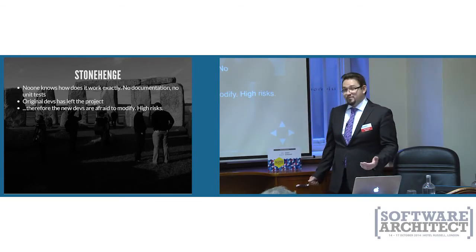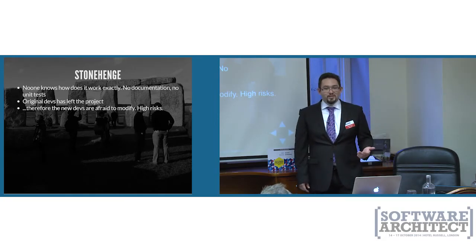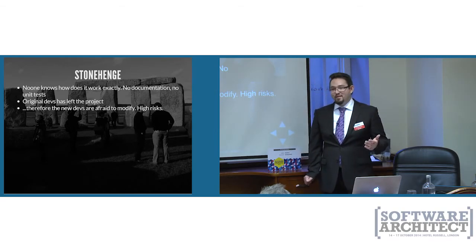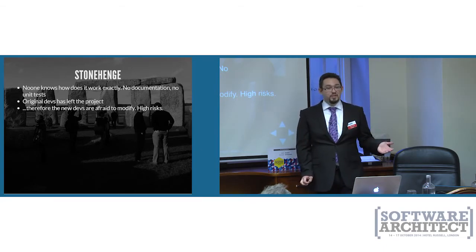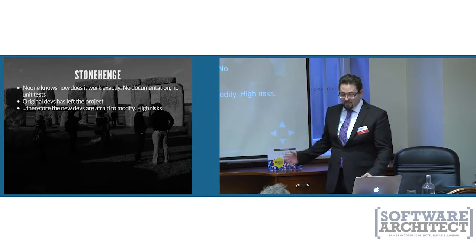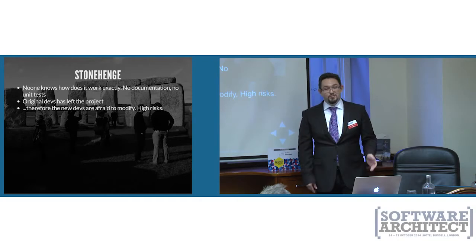And therefore, if somebody would like to update or upgrade or add some extra functionality to such a system, the new developers would be scared because they don't know where they might break the system. So these are the attributes of a legacy system.